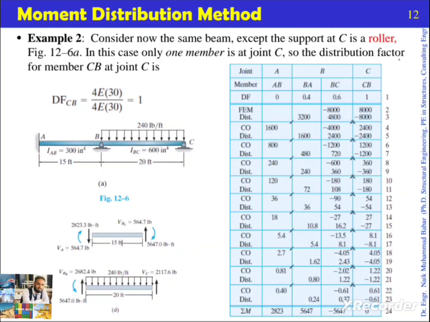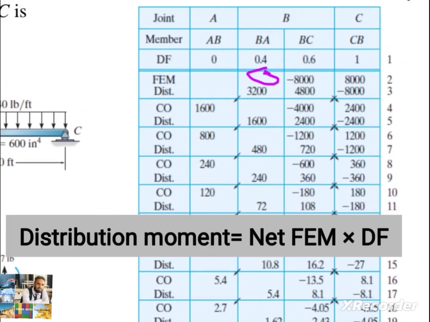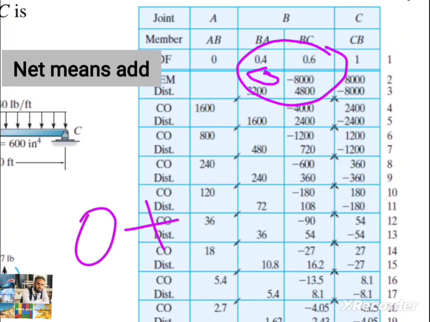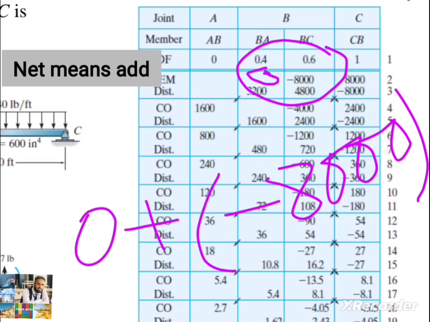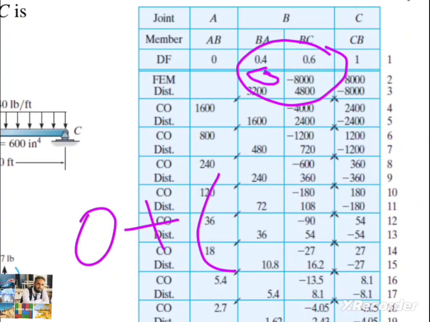Now we will distribute the moment. For the distribution moment, we will multiply the net moment by the distribution factor for the respective member. So for joint B, the net moment will be 0 plus minus 8000, so the net will become minus 8000.